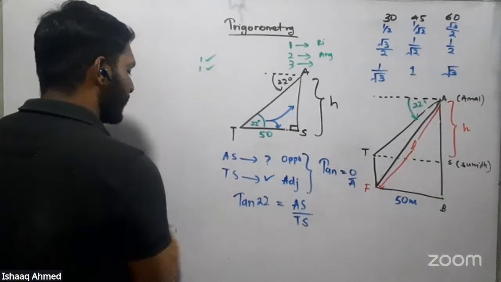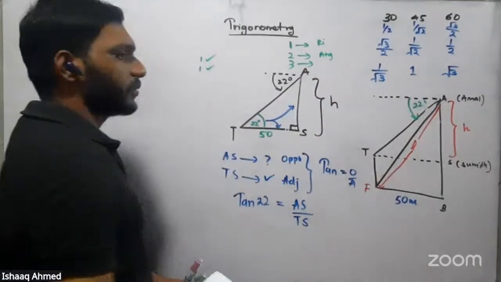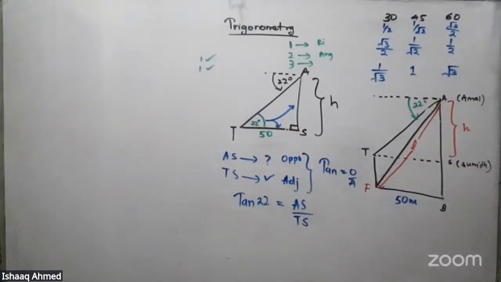Now you have to substitute values. Tan 22 we don't know, no? Now only we use the thing called trigonometric table. So you have to take your textbook. In your grade 11, part 3 textbook, behind the textbook, there will be something called a log table. No, you know log table very well.